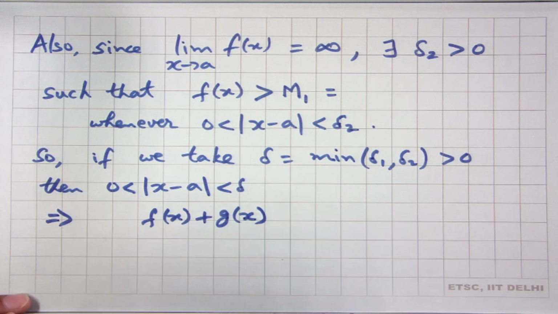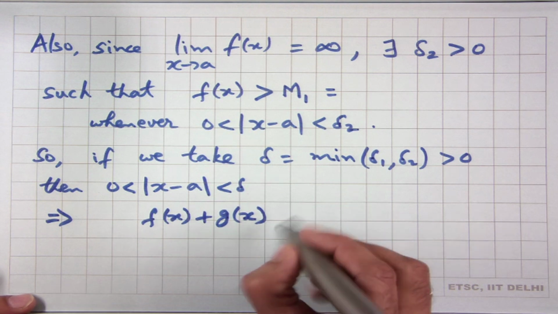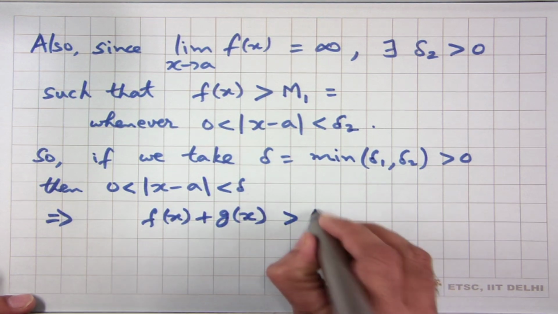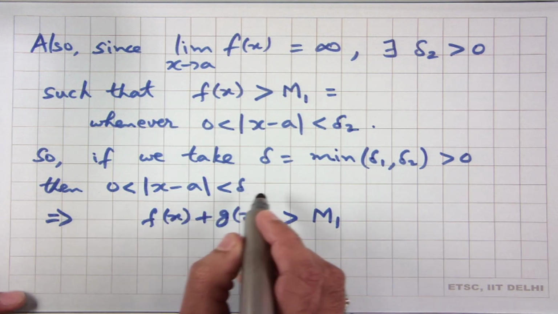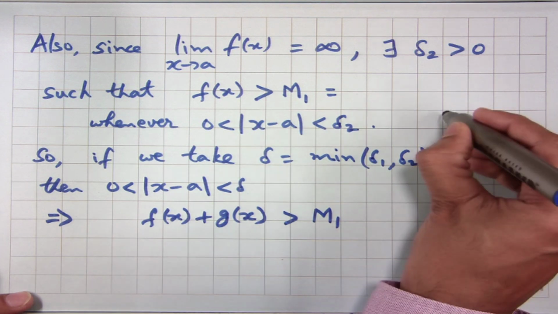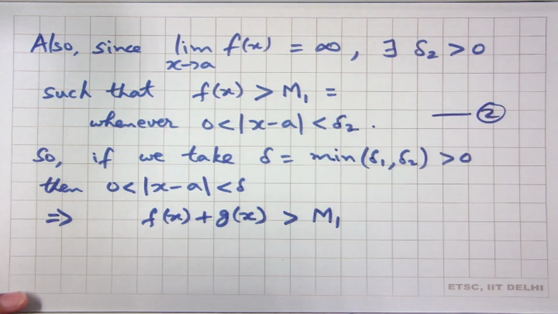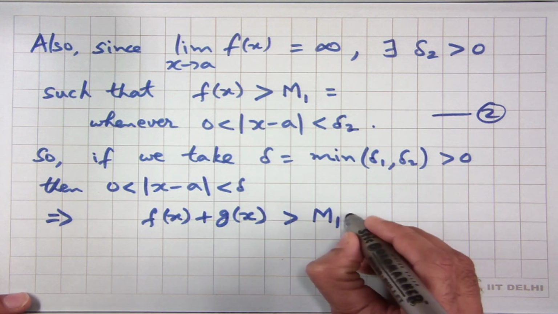Because mod x minus a is less than delta, which is less than delta 2, f x is greater than m 1, and mod x minus a is less than delta 1 also. So, by 1 (this is 1, this is 2), g of x is greater than L minus 1.